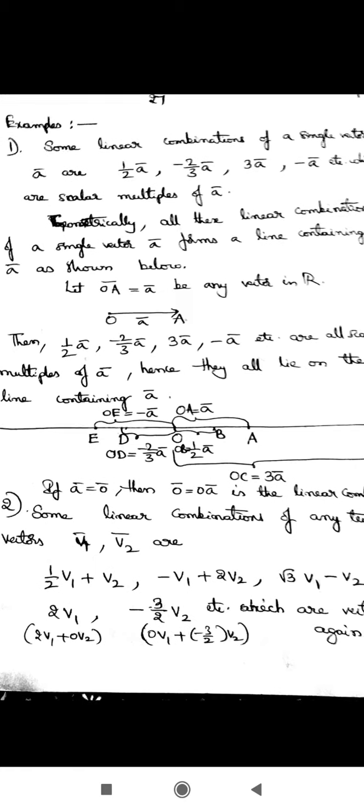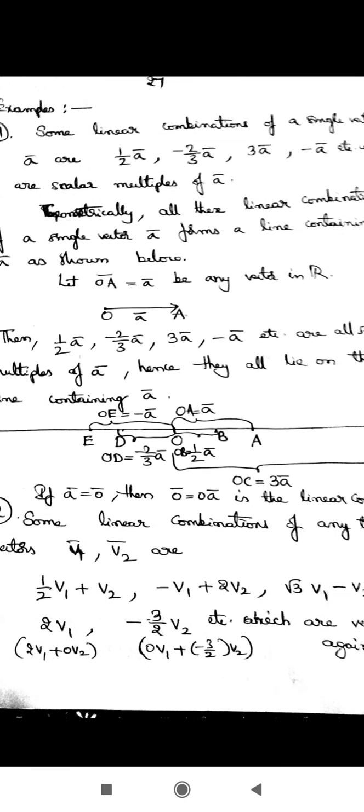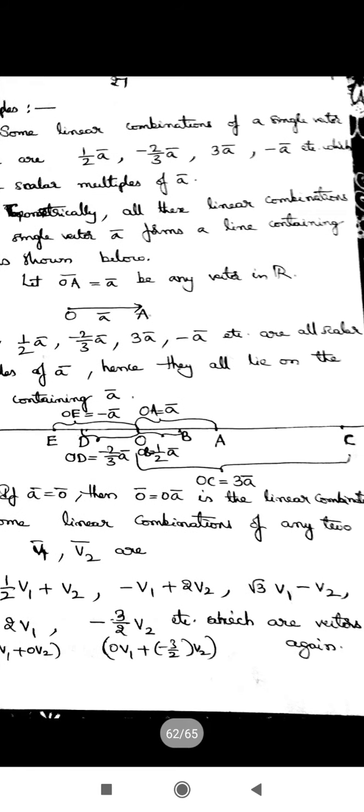But after having the definition in a mathematical way, now let us move on to look through some more examples along with their geometrical interpretation.